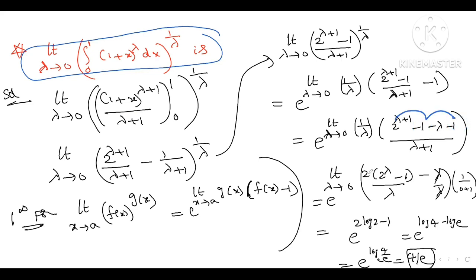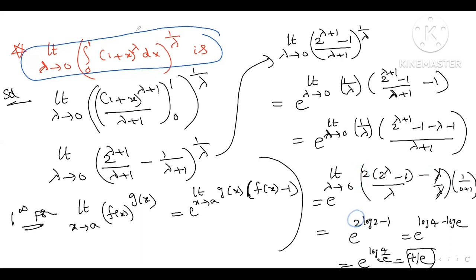Here I take 2 common: 2 times (2 to the power lambda minus 1) by lambda, minus lambda by lambda. Separately, 1 by lambda plus 1: place lambda as 0, so 0 plus 1. This value is 1 now. Okay, e to the power, with 2 as a constant.